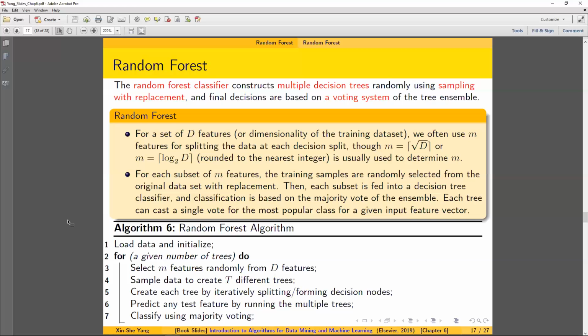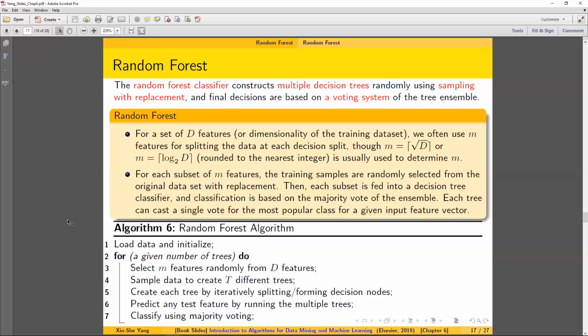Then if you use a voting mechanism, the output of your final model should be class 1 because more trees give a class of class 1. So that's a voting system.